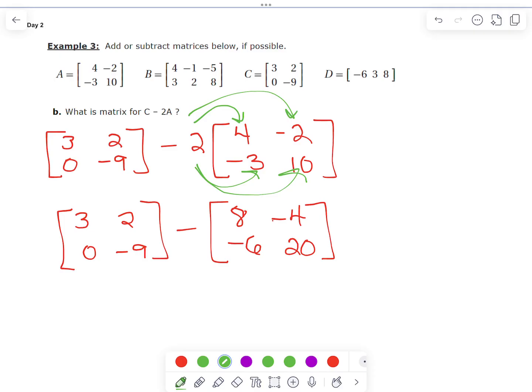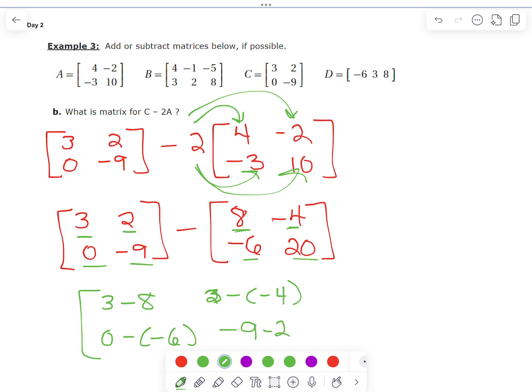We're taking the matching, or corresponding, elements: 3 minus 8, 2 minus -4, 0 minus -6, -9 minus 20, and then we simplify it.